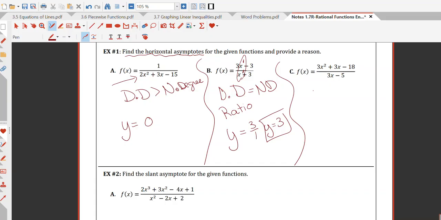Now in this case, the numerator degree is greater than the denominator degree. So this would imply a slant asymptote. They don't actually ask us to calculate it, but what that would mean is that there is no horizontal asymptote.